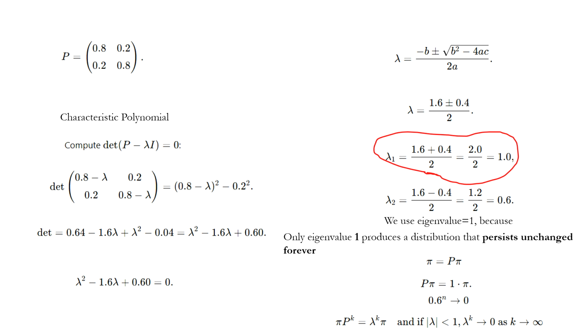So the stationary distribution is a long-run equilibrium distribution, and we want it to persist. That's the characteristic of it. That's the reason why we would pick lambda equal to 1 versus 0.6.